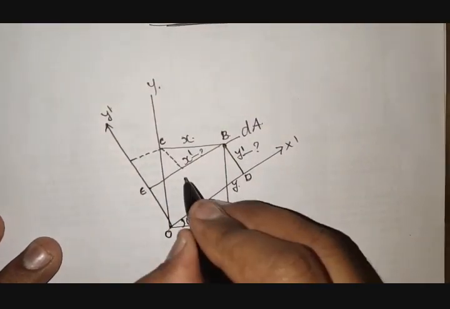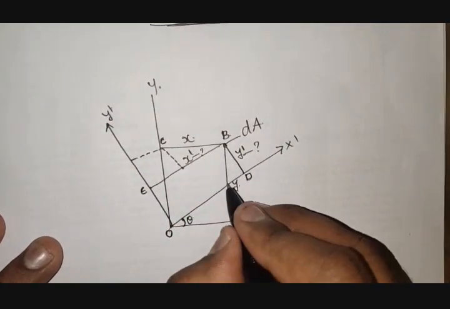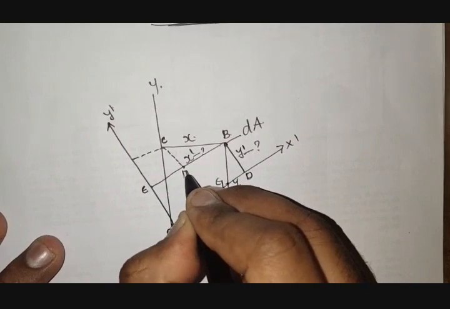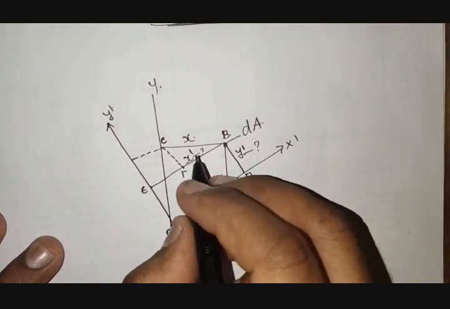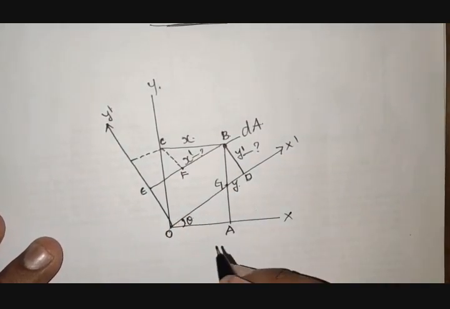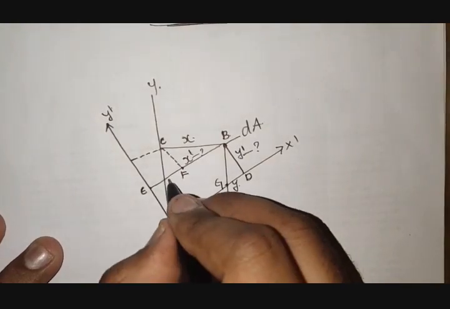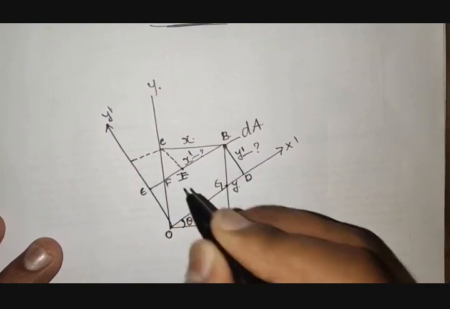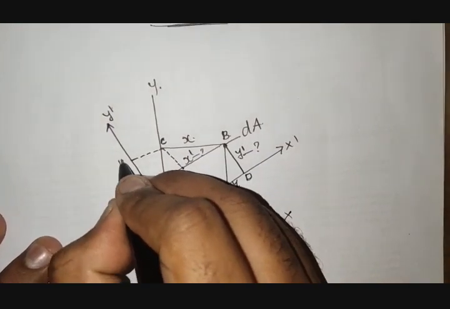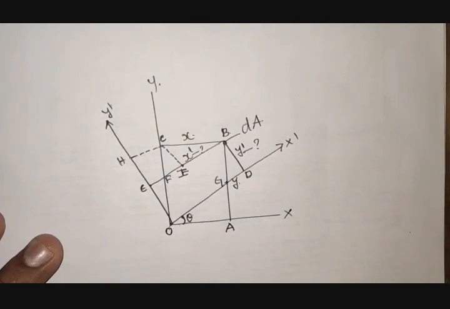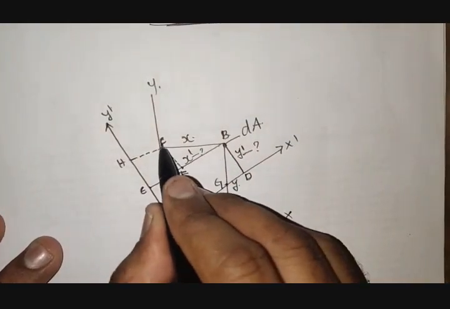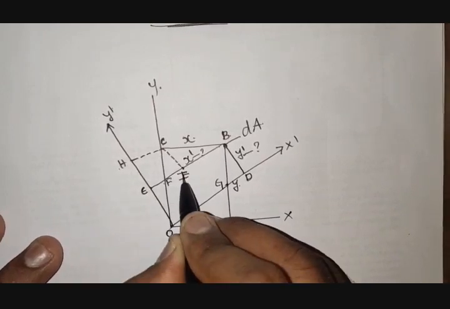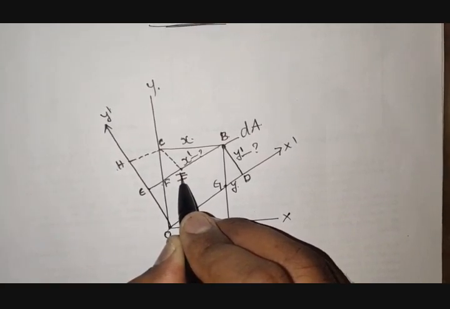This is G, and here I am going to denote it with F. This is EF, and this is I, and this is H. So the points O, A, B, C, D, E, F, G, H and I, like that we have divided.